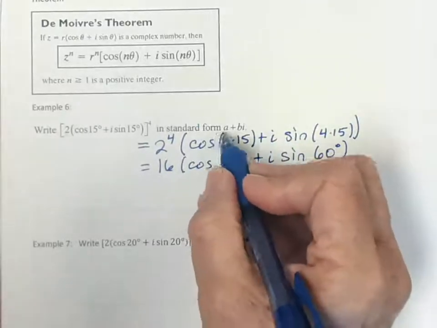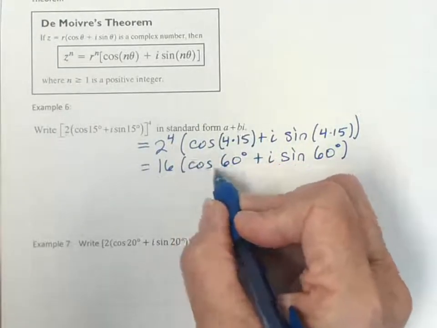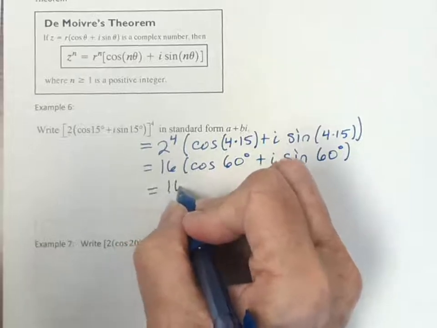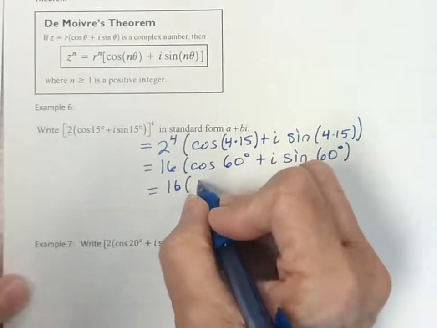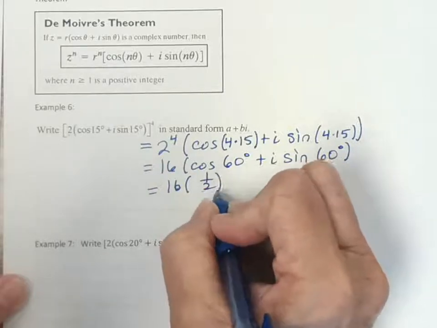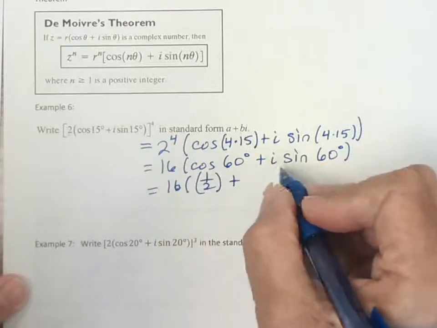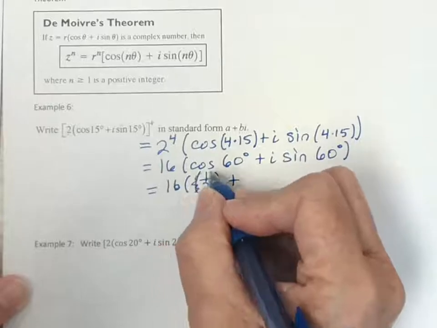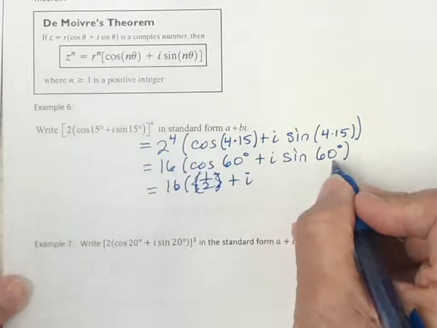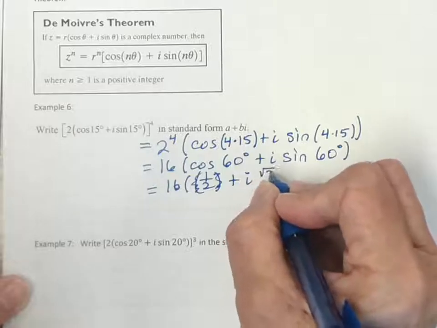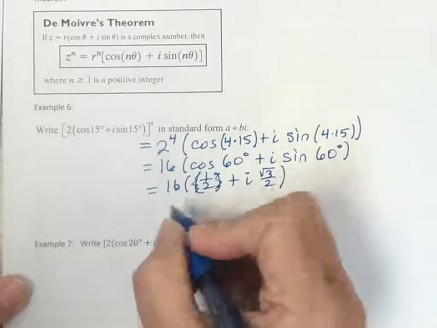Okay, well, I want it in standard form, so I need to put what the actual value is here. So the cosine of 60 degrees is 1/2. Plus, I guess I didn't really need that parentheses, 1/2 plus I, what is the sine of 60 degrees? It's the square root of 3 over 2.